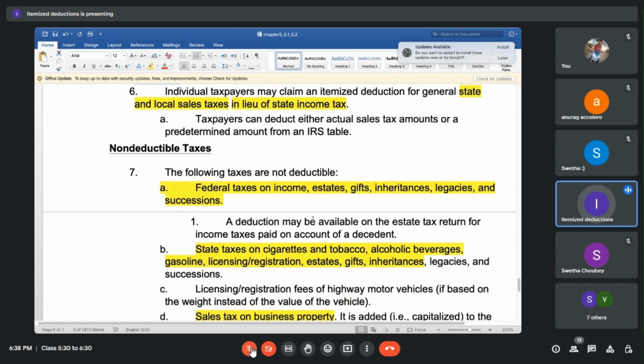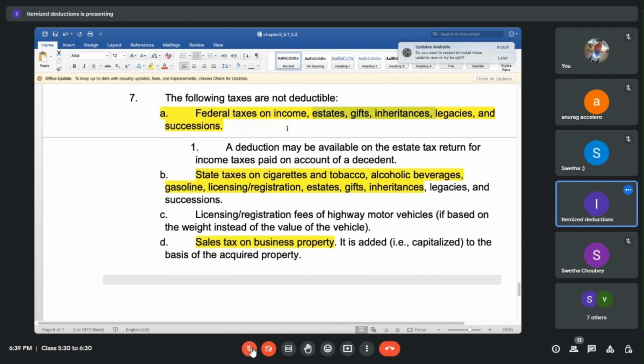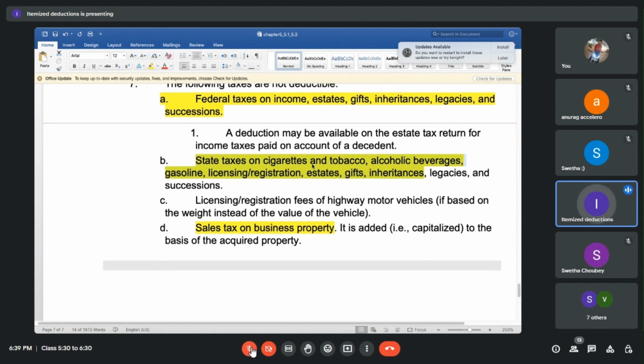There are certain other non-deductible taxes, like state gift and inheritance taxes, or some other tax on cigarettes, tobacco, and stuff like that. Anyway, the government will not give a break on those things. They won't give you a benefit for buying cigarettes, tobacco, alcohol. Those are called demerit goods for the economy. So obviously we don't expect any benefit there.